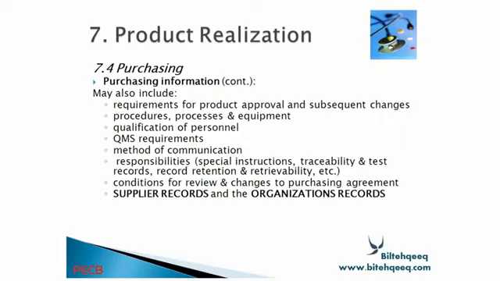Purchasing information also includes requirements for product approval and subsequent changes, procedures, processes, and equipment, qualification of personnel, quality management system requirements, method of communication, responsibility, special instructions, traceability and test records, record retention and retrievability, etc. Conditions for review and change to the purchasing agreement, supply records, and organization records.